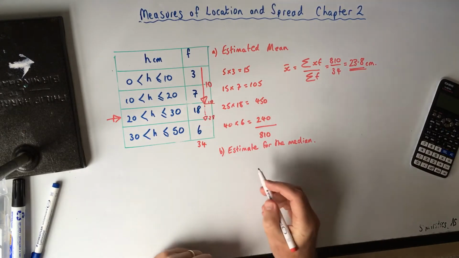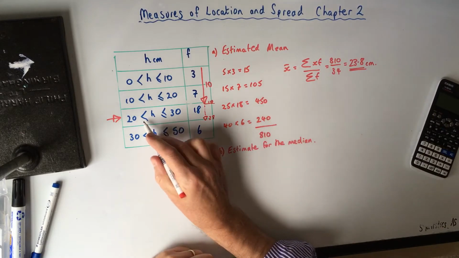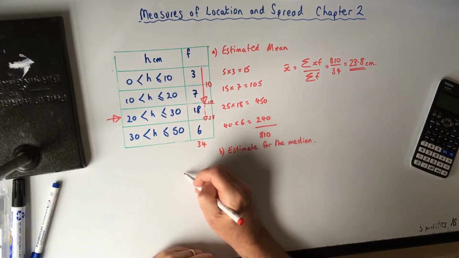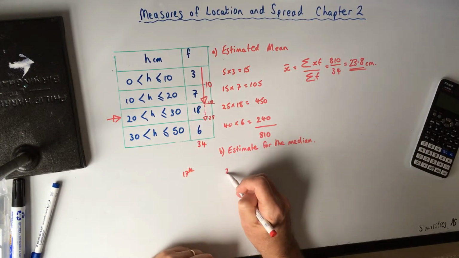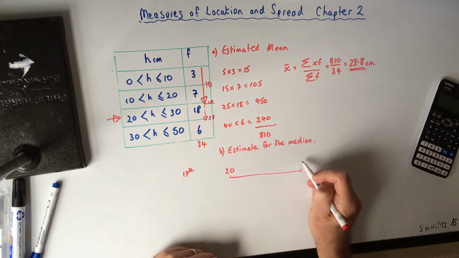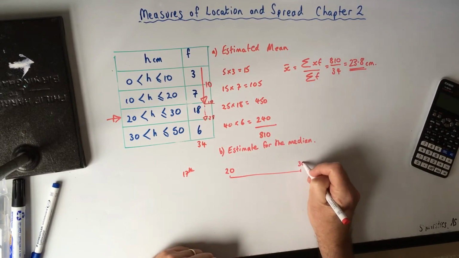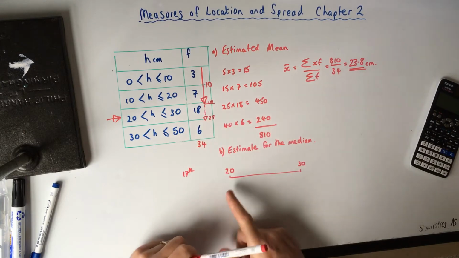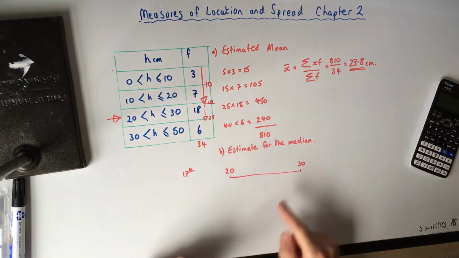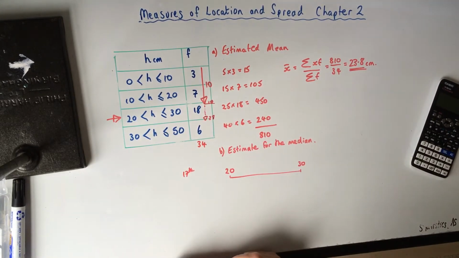The way that it works is this: you work out that position, so the 17th plant. We know it's in the class that starts with 20 and ends in 30, and we say that there are 18 pea plants in this class.